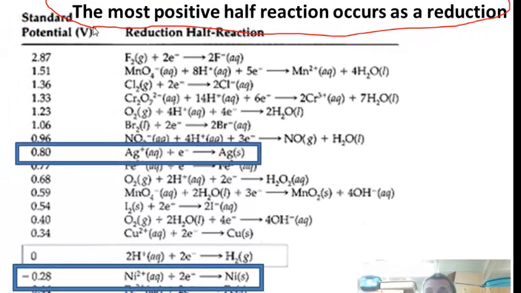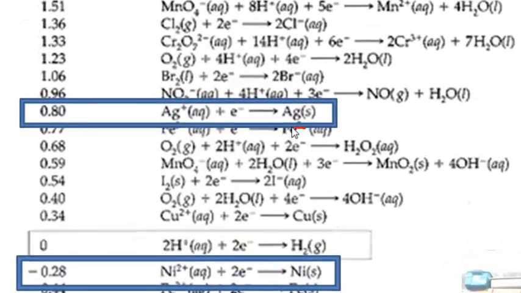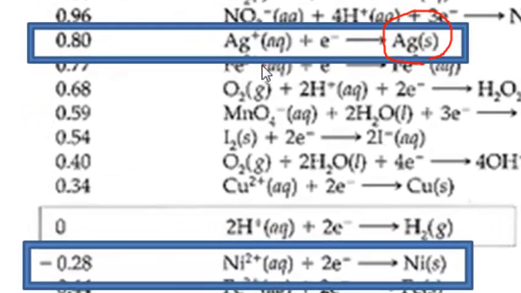So we have two substances we're looking at here. We have silver. Now notice I have both forms of the silver: solid silver and silver ion. Then I also have nickel, which is nickel 2+ and solid nickel. The way to remember this is the most positive half reaction always occurs as a reduction.